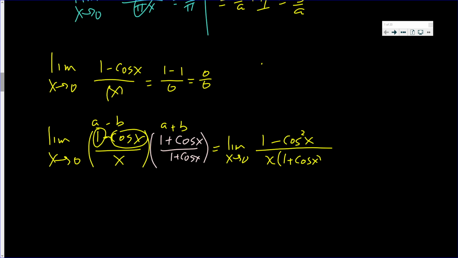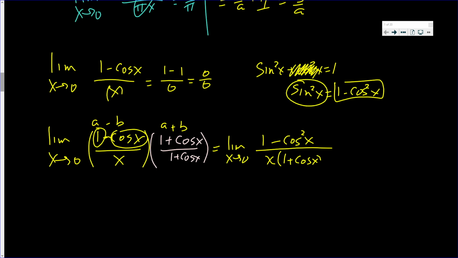Now, we know that sine squared x plus cosine squared x is 1. If I take cosine squared x away from the left side, I only have sine squared x left, but I better take it away from the right side to make it equal. So that's sine squared x.